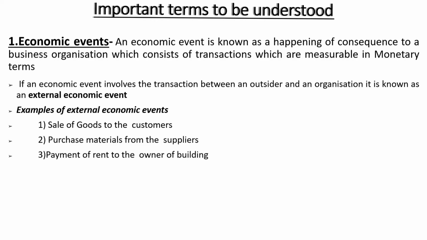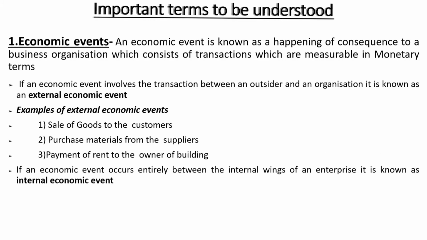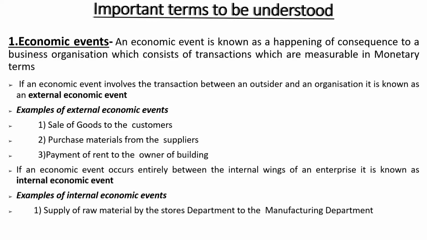Second come the internal economic events. If an economic event occurs entirely between the internal wings of an enterprise, it is known as an internal economic event. For example, the supply of raw material by the stores department to the manufacturing department. If the business organization is a manufacturing unit, there may be a stores department and a manufacturing department.